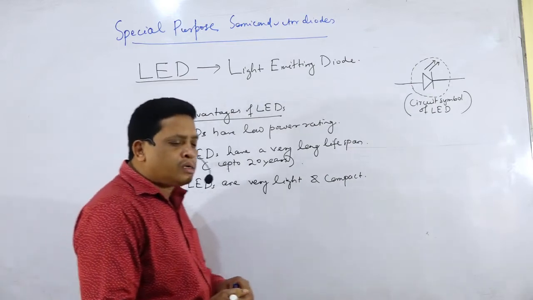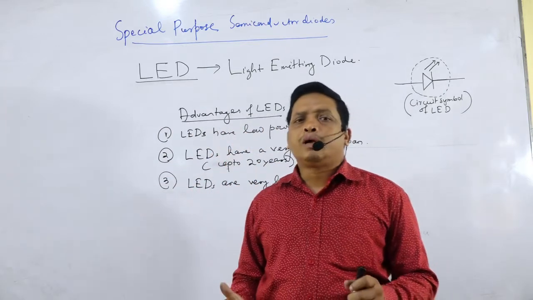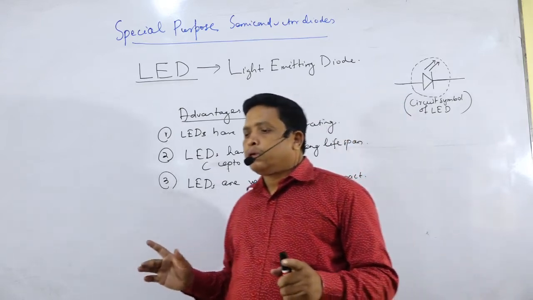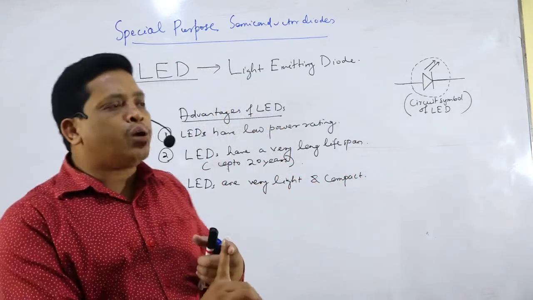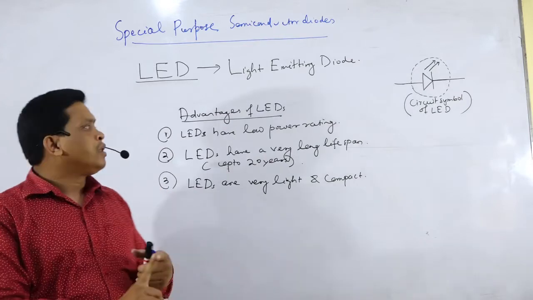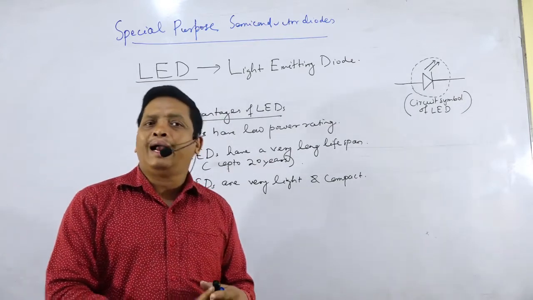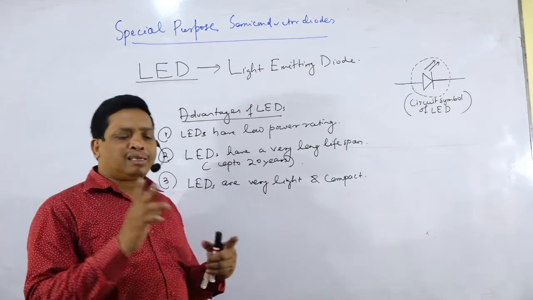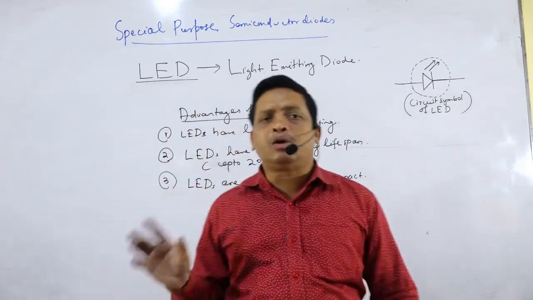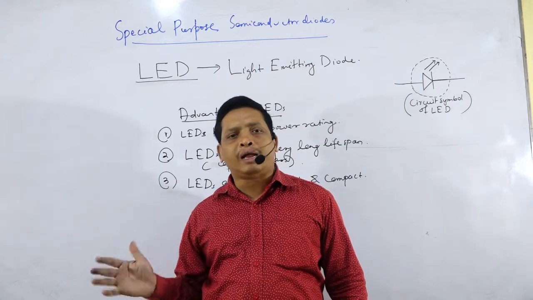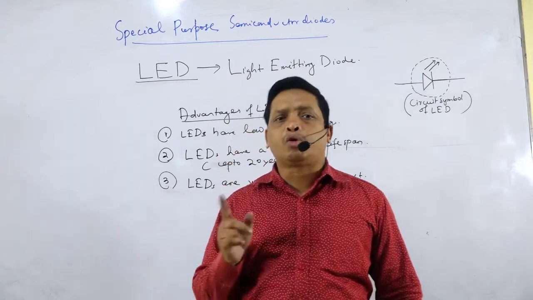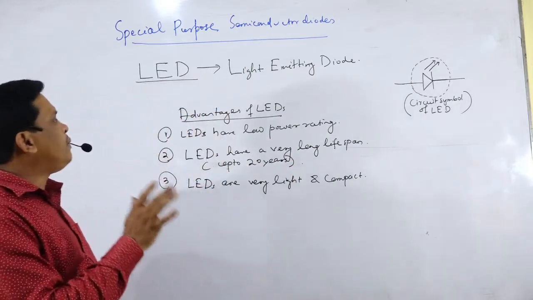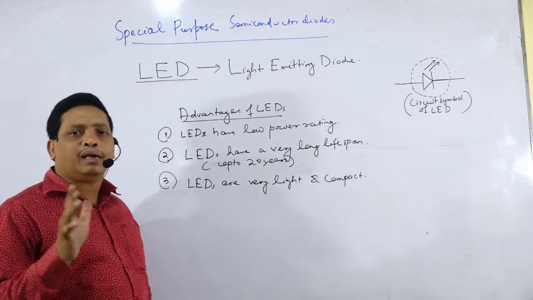So we have learned about some special purpose semiconductor diodes. You have to remember these 3 diodes: Zener diode, photodiode, and light emitting diode. You are mostly asked the questions: distinguish between Zener diode and ordinary junction diode, distinguish between photodiode and light emitting diode, and write the merits or advantages of LEDs.